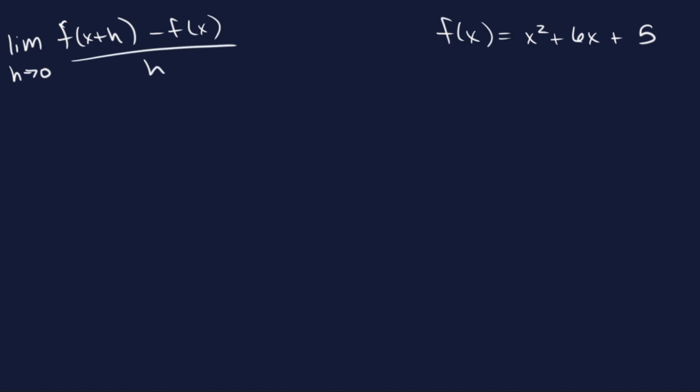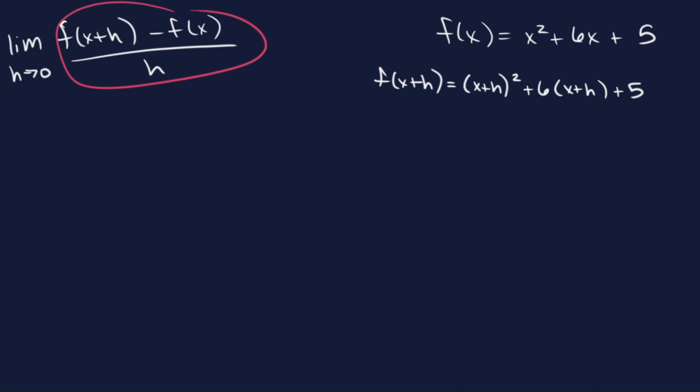So what we need to do is derive f of x plus h, which in this example, again, we substitute x plus h in for x. It will be x plus h squared plus 6 times x plus h plus 5. So let's substitute everything back into our limit definition formula.